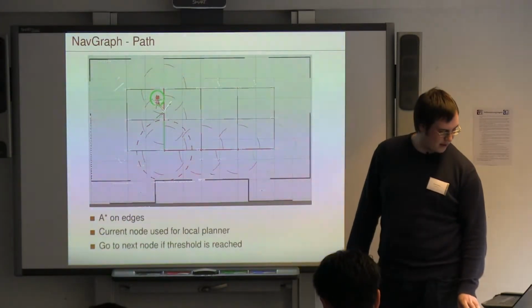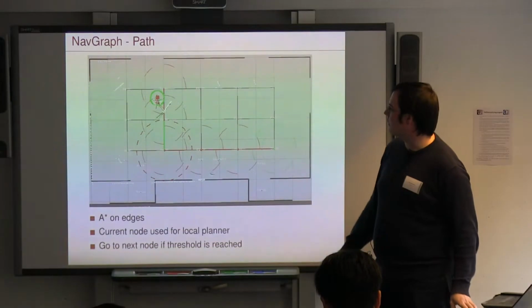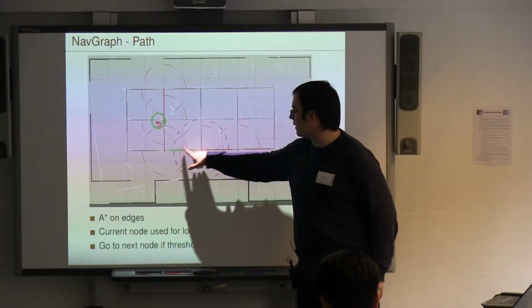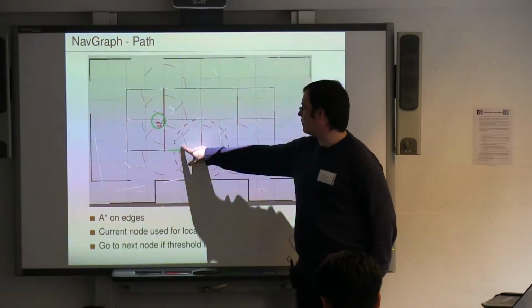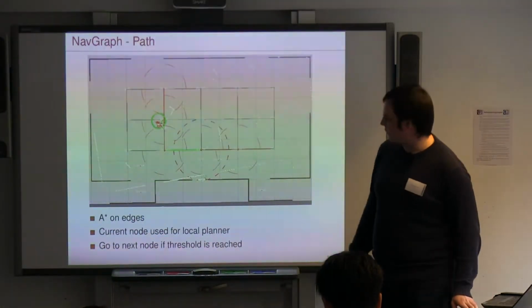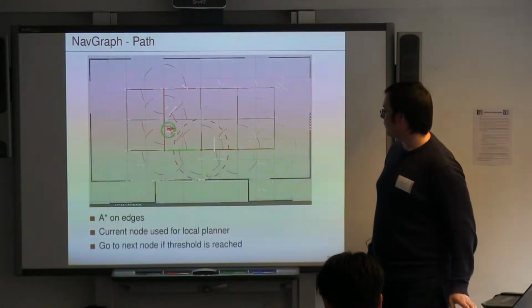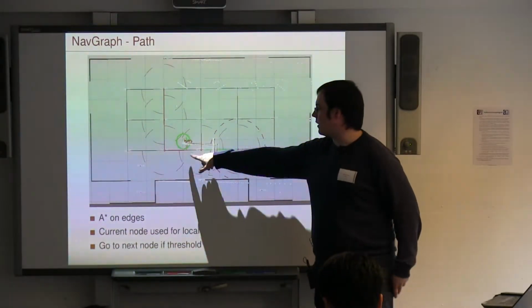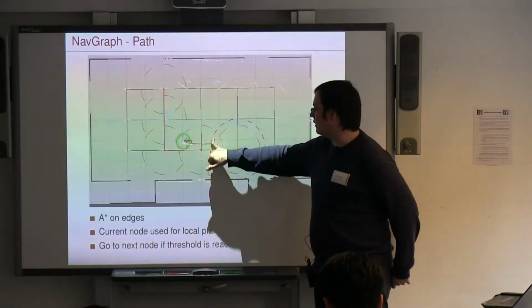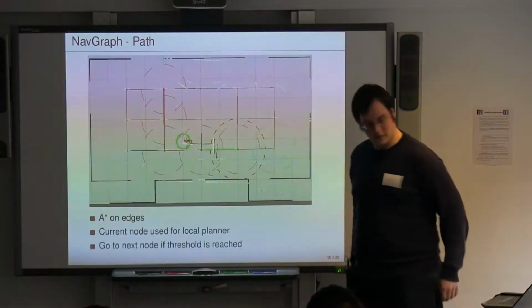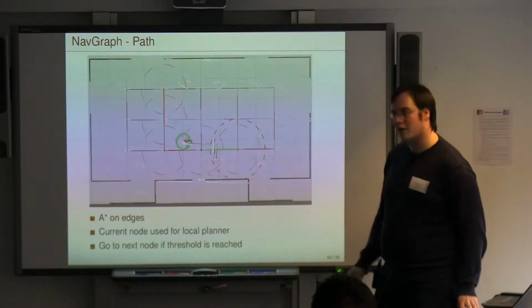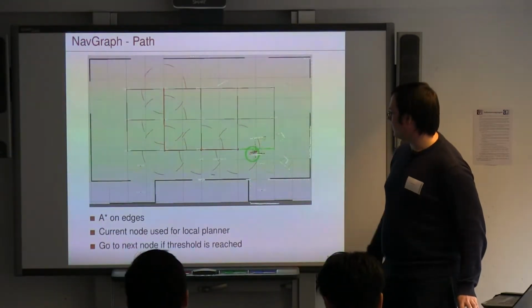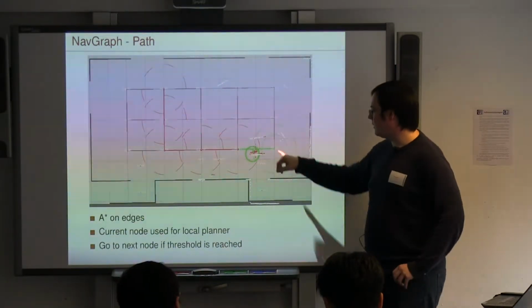I now have a few slides where you can see when it's jumping. So now it reached the threshold, and that is now the target for it. It tries to drive to the next one, and so on. And you see then that the local path planner is avoiding these obstacles that you can see here with white dots, which are the laser of the robot, until it reaches this last part.